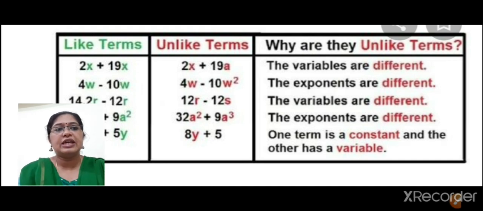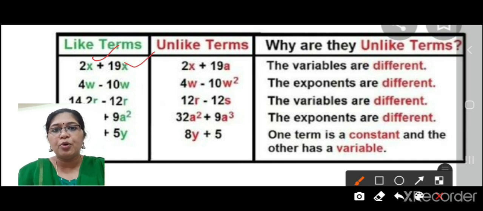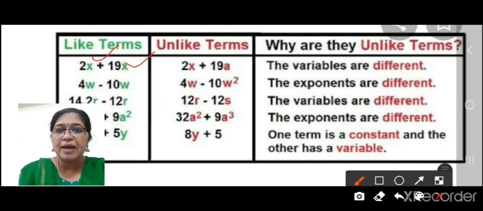See here in this picture, 2x and 9x. Both variables are the same, x only, and their power is 1. The power is also the same. So x is appearing only 1 time. So these are like terms. Same variable, same number of times appearing.